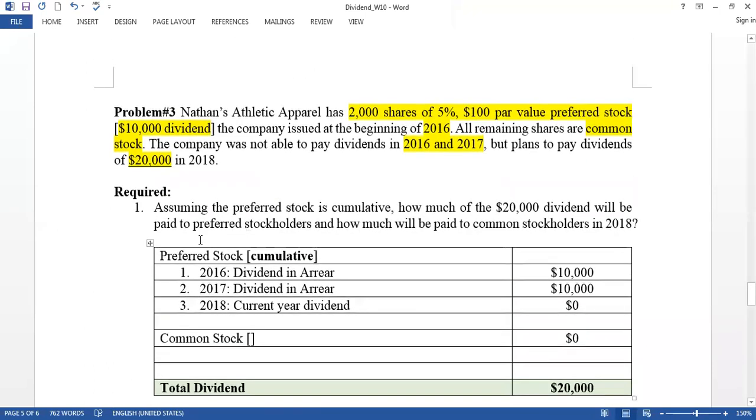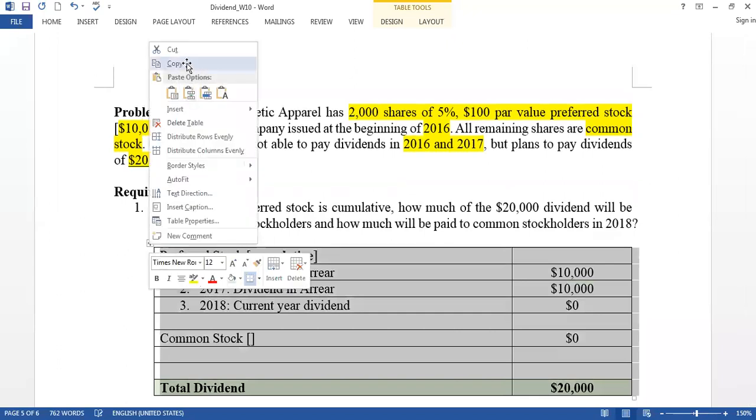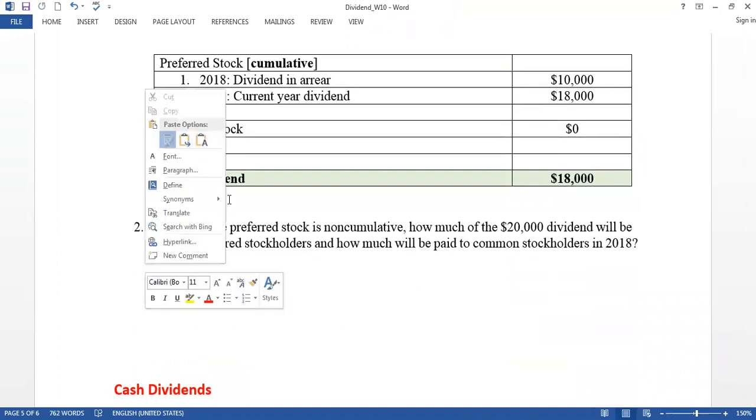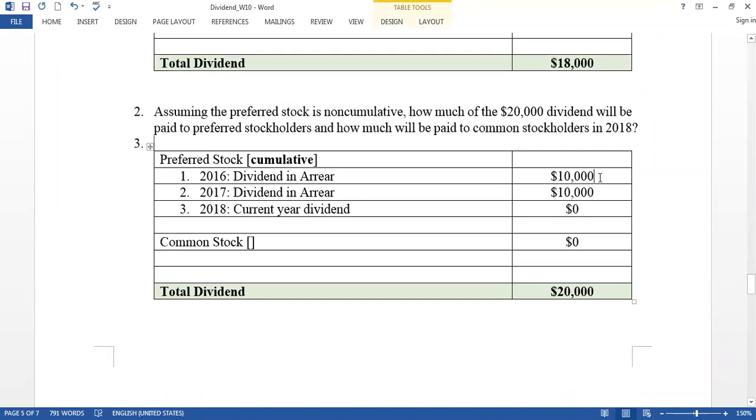Now non-cumulative. 2016: 0, 2017: 0, 2018: 10,000, and another 10,000 goes to common shareholder.